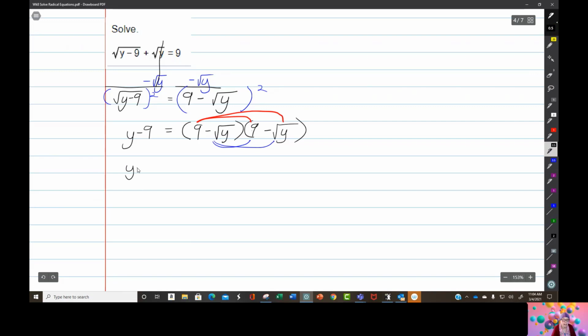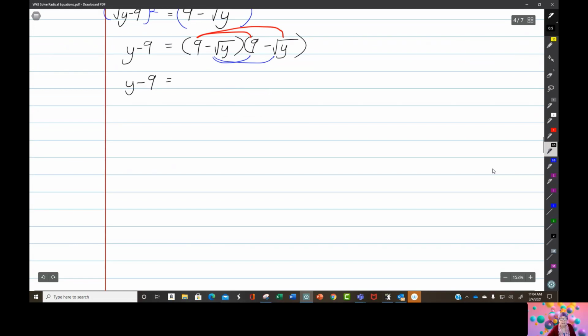We'll have y minus 9 on the left, waiting for us to get done. Here we go. Take 9 times 9 is 81. 9 times minus the square root of y is minus 9 times the square root of y. Now minus the square root of y times 9 is also minus 9 times the square root of y.